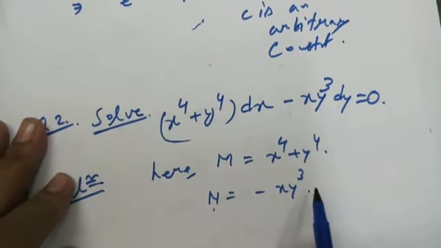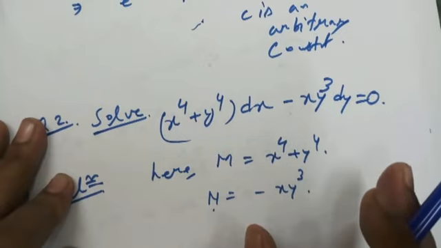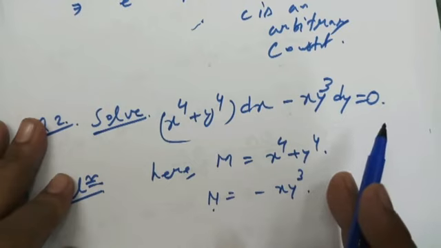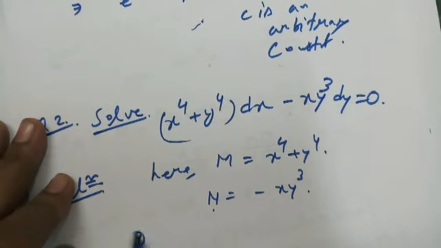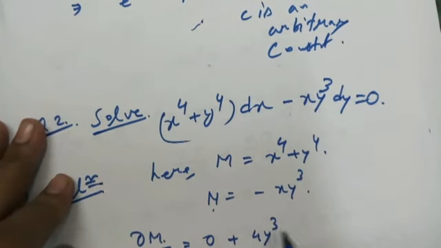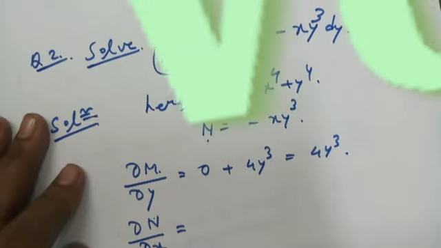Now we have to check whether this differential equation is exact or not. This is the first check before solving. For checking exactness we find the partial derivative of m with respect to y, treating x as a constant. Here x power 4 is constant, and the derivative of y power 4 with respect to y is 4y cube. Now del n by del x is the partial derivative of n with respect to x.